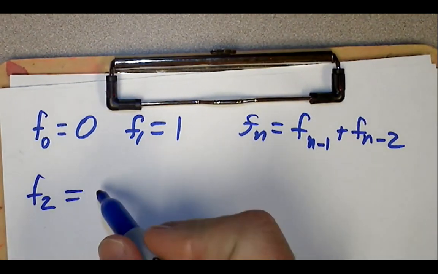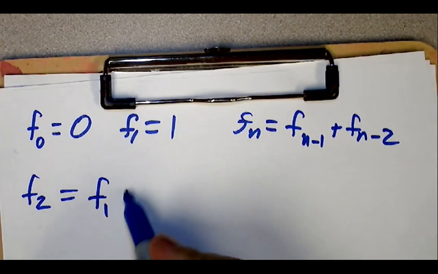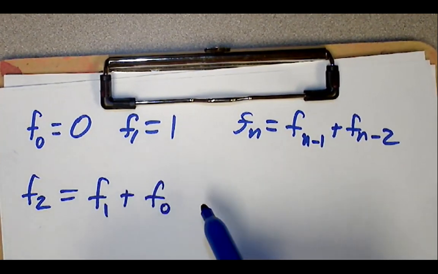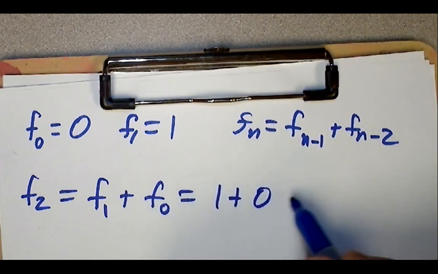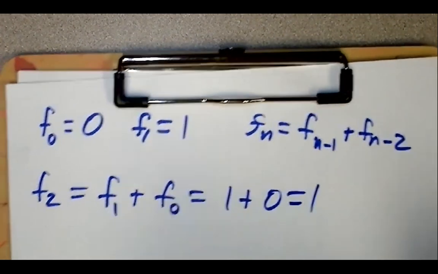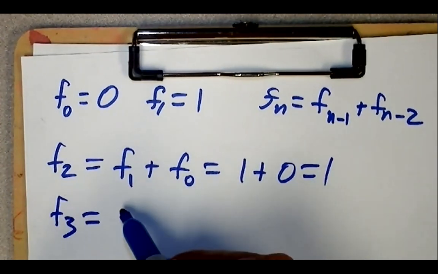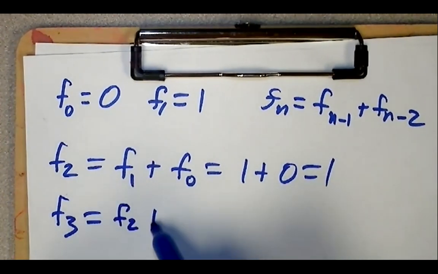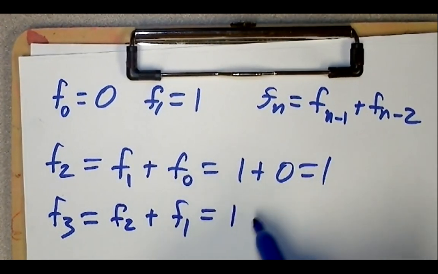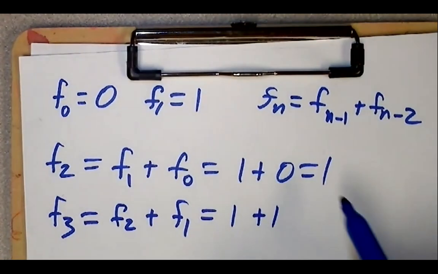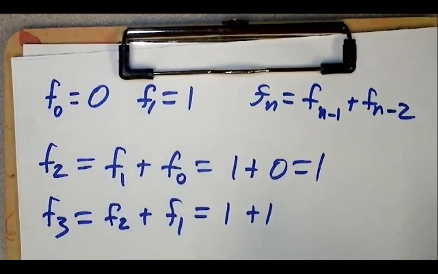We know by definition, f of 2 is going to be equal to f of 1, which we get from this, plus f of 0, which is equal to 1 plus 0, which is equal to 1. Now I want f of 3, which is equal to, we get that f of 2 we get from up here, f of 1 we get from the definition.